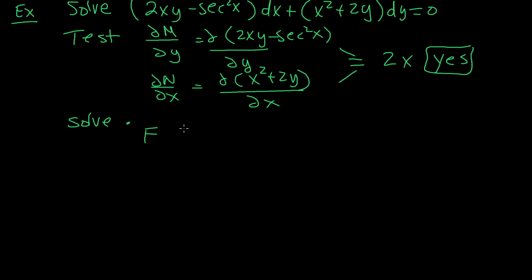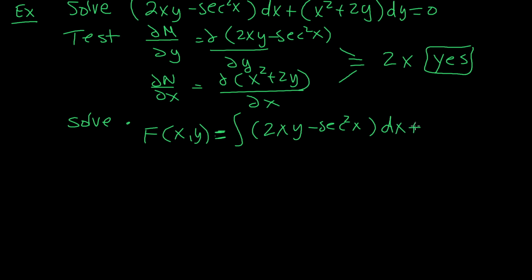And here, let's say I pick M. So I'm going to integrate M here. So I'll integrate M, which is again this part, plus some function g of y with respect to y. Again, you can check.